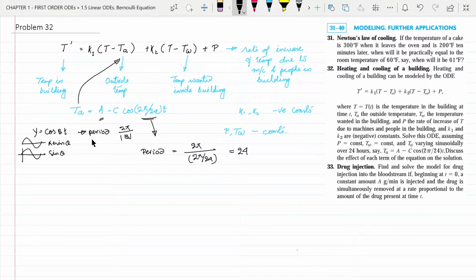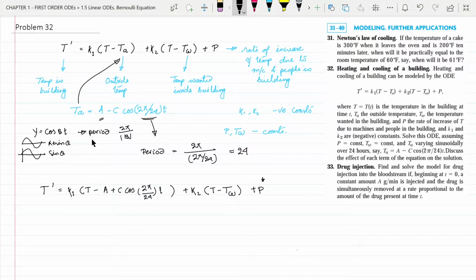So the differential equation is T dash equal to K1 (T minus TA, which is A plus C cos (2 pi by 24) t) plus K2 (T minus T omega) plus P. Let us review again which of the terms are constant.